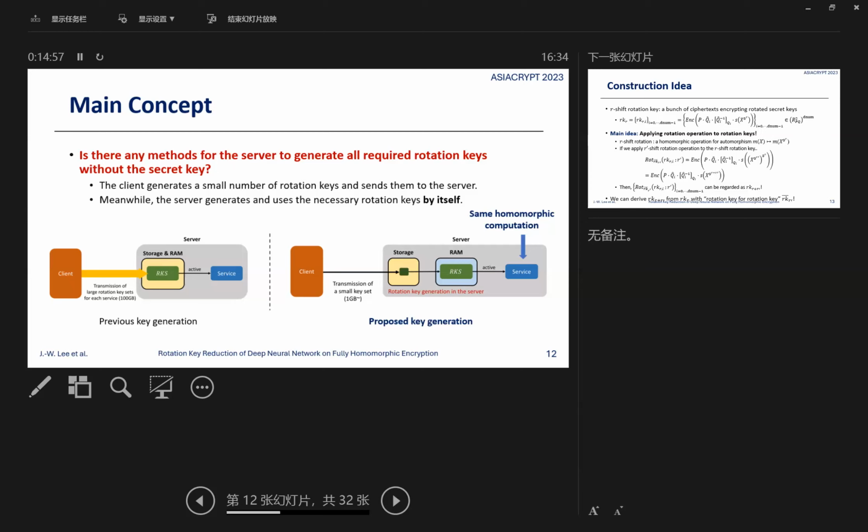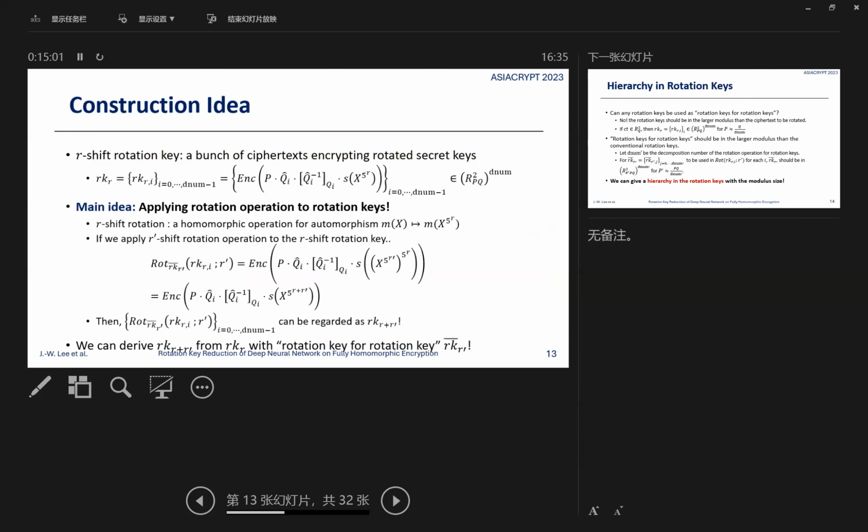So the construction idea is the rotation operation. Actually, this rotation key is a bunch of ciphertexts encrypting the rotated secret key, where X to the power R is the rotated secret key.